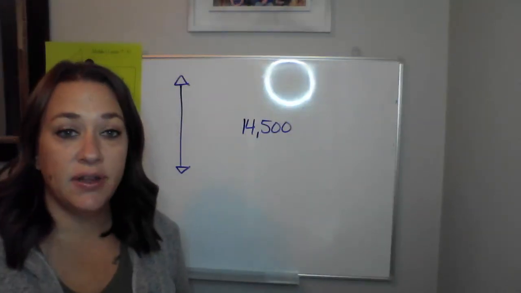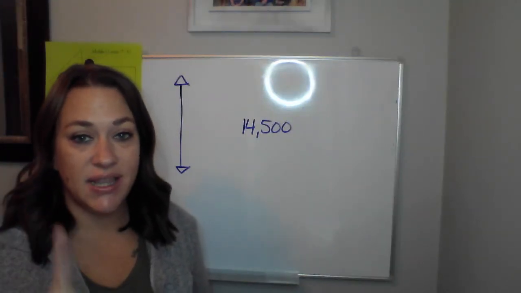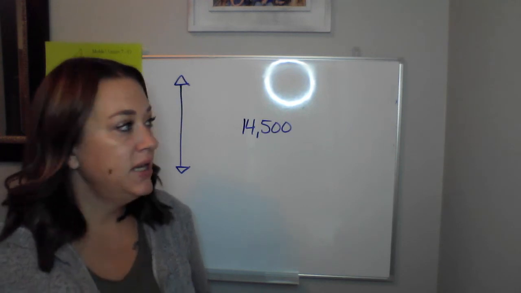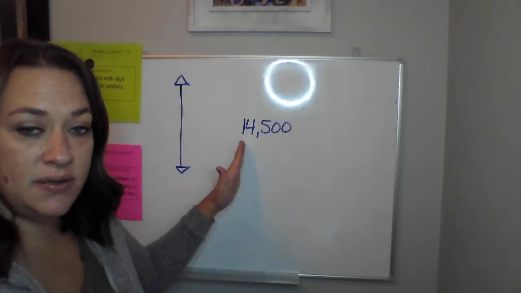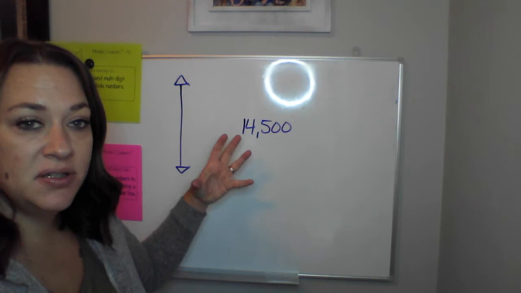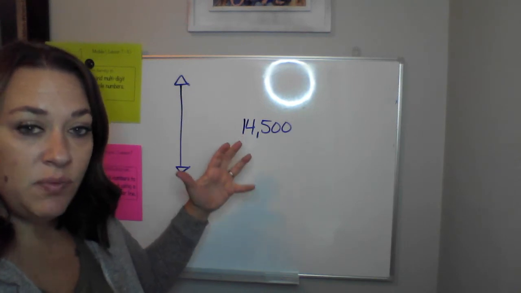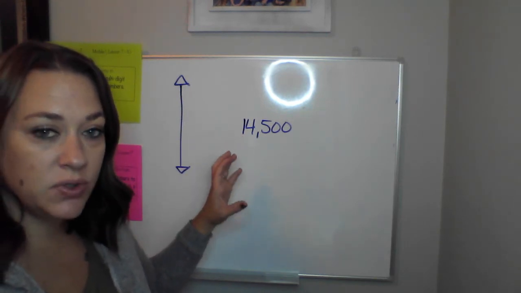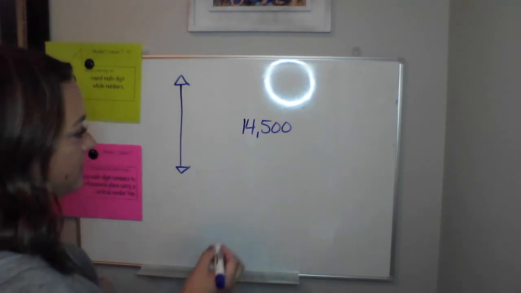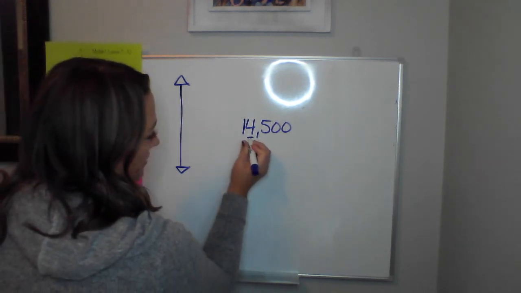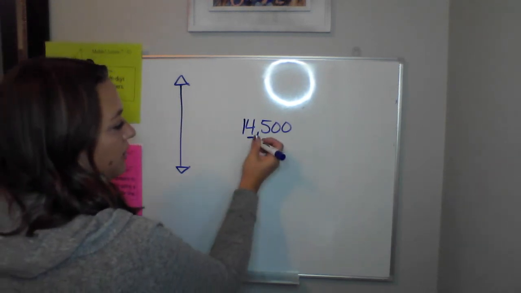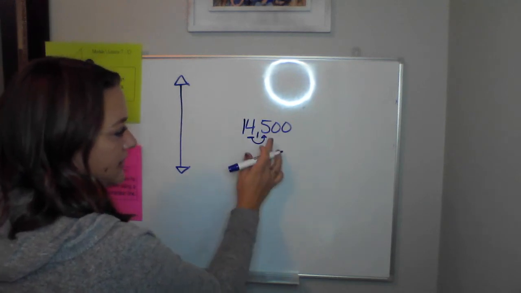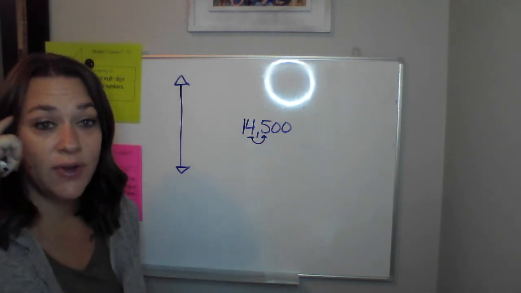Okay, so here we have a larger number, but we're still going to round to the thousands place. I have value in my 10,000s, but we need to note it, but that's not going to change what we're doing or how we're doing it. We're still rounding to our thousands place. I'm going to look to the right. I see a 5, so think about those rounding rules.